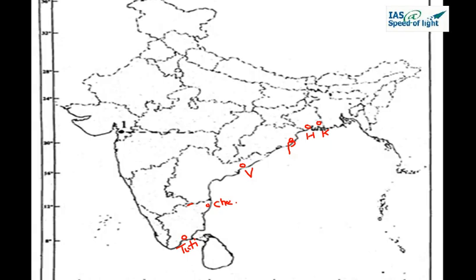Now coming to the western coast, you have Kandala first. So Kandala is here in Gujarat. Then you have Mumbai, and then very near to Mumbai, Jawaharlal Nehru or Nhava Sheva.